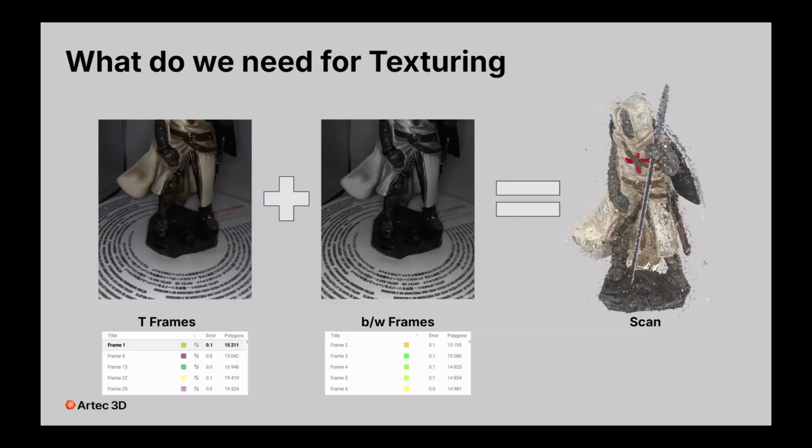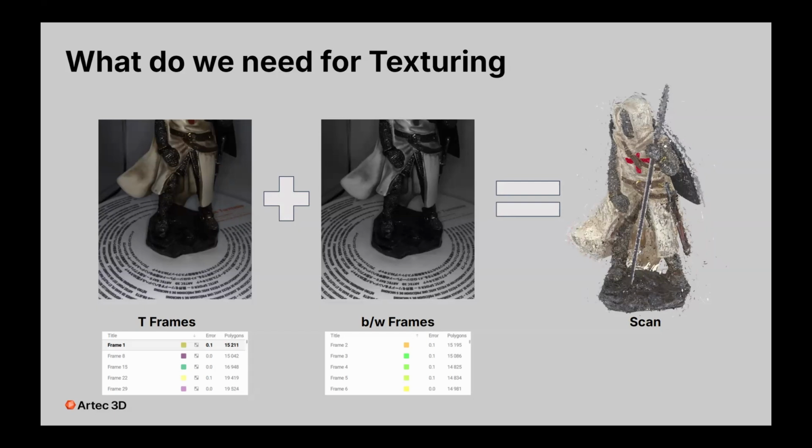But at the same time, our scanners with Artec Studio also collect the T frames, the texture frames. As you could see right here, they are marked with a UV icon in the UI on the left. And on the right, you could see how the black and white frames are marked inside of Artec Studio.